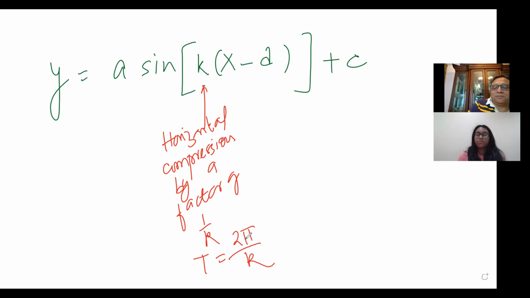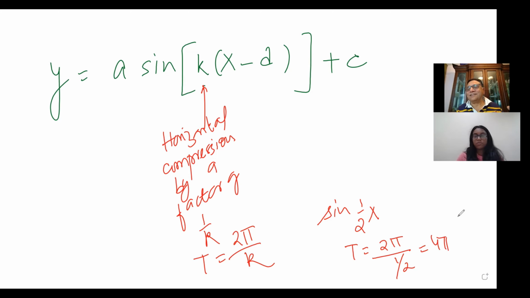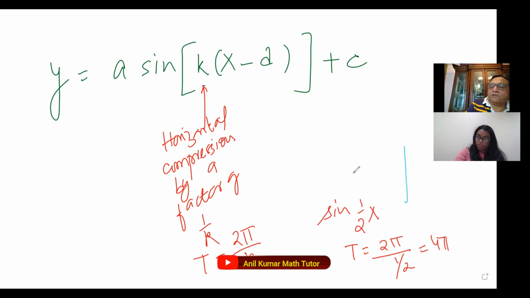To give you an example, if I have sine of half of x, that means the time period is 2 pi divided by half, which is 4 pi. Longer. It also means that there will be only half a wave between 0 and 2 pi. This is very confusing many times, so we have to understand this.